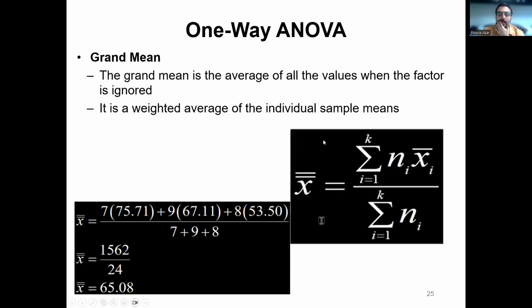So if we plug in our values from the example, our grand mean will be 65.08. And remember, the mean has only one bar above the symbol, but grand mean has two bars just above the symbol.